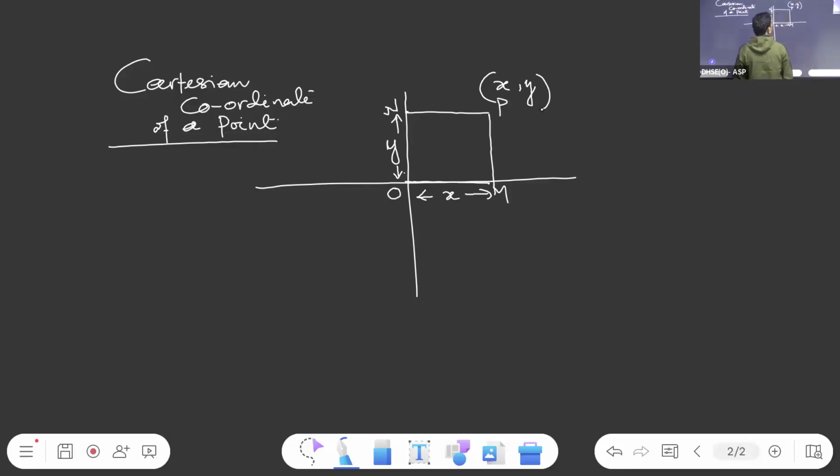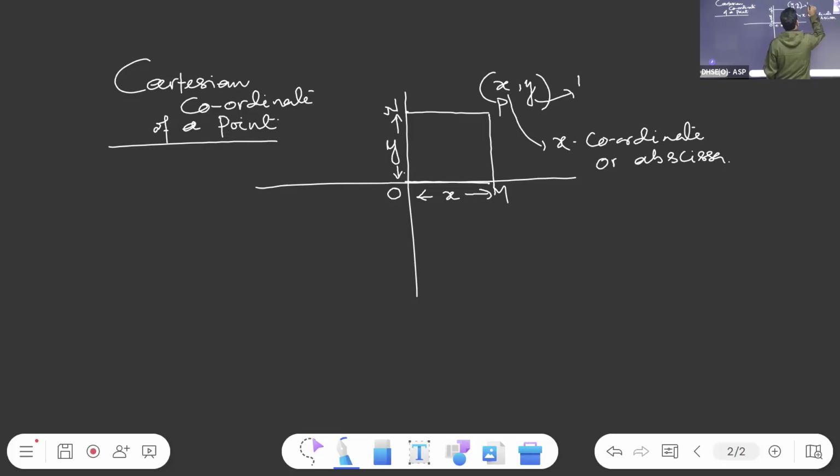The first component is called x coordinate or abscissa. And the second component of the ordered pair is known as y coordinate or ordinate.